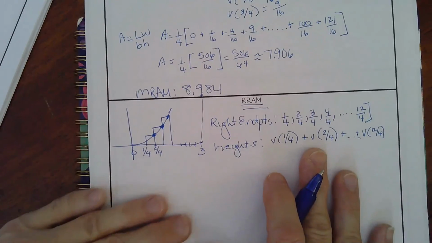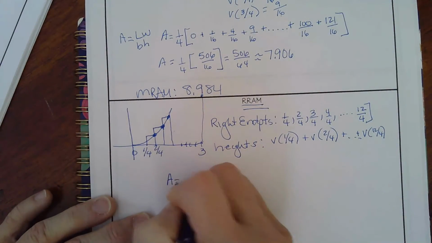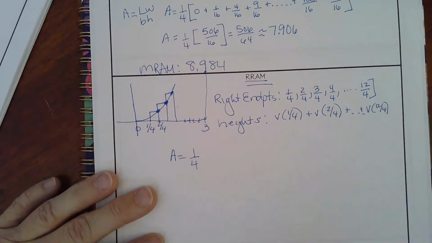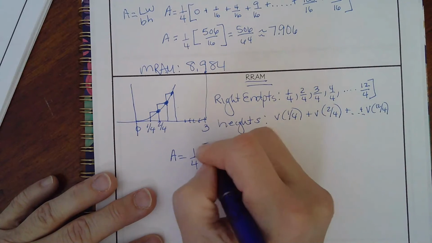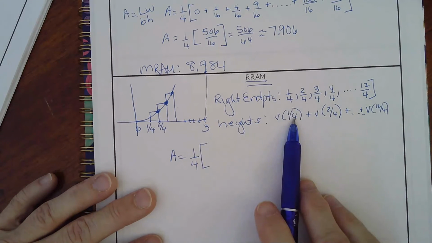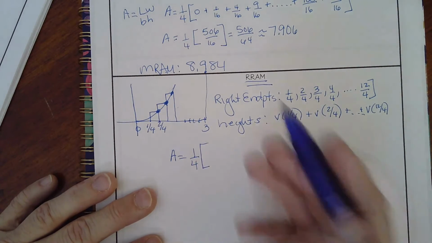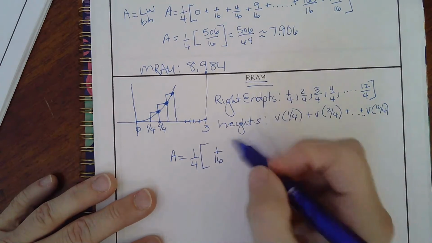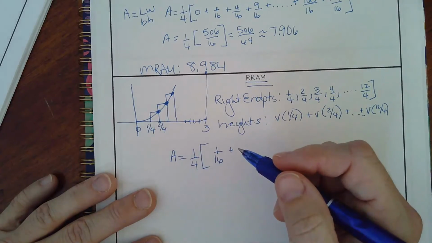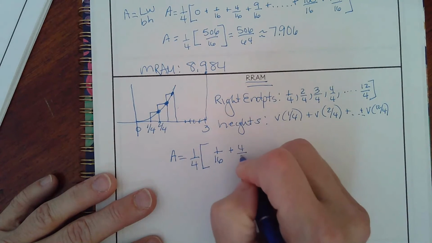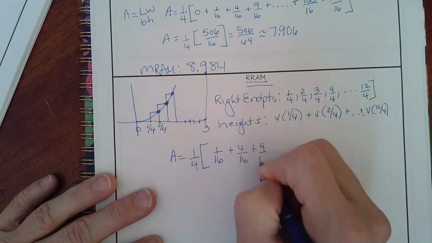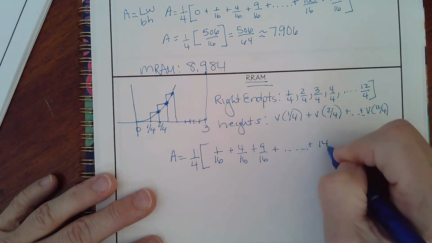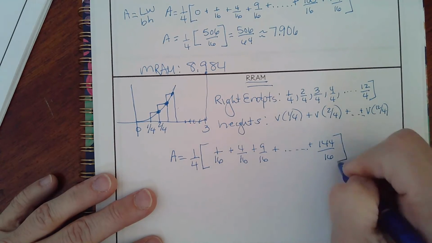All right, so I'm going to scoot that up. Area equals, all of the rectangles still have a base or a width of 1/4. My first height is going to be 1/16, because I already did the work for the last problem, plus 4/16 plus 9/16 plus, and this time we will go down to 144 over 16.